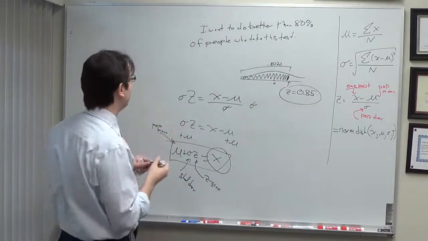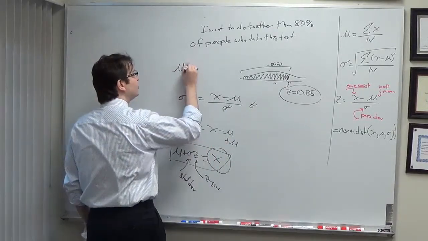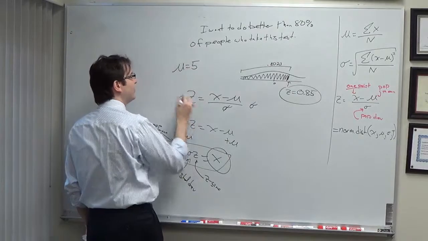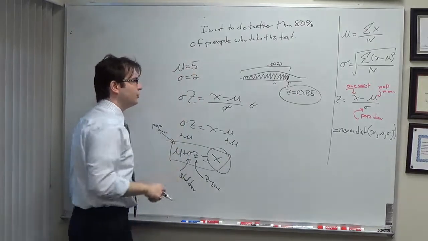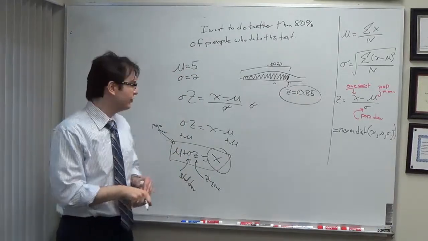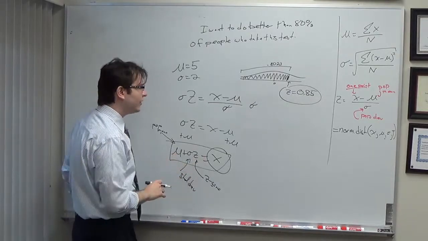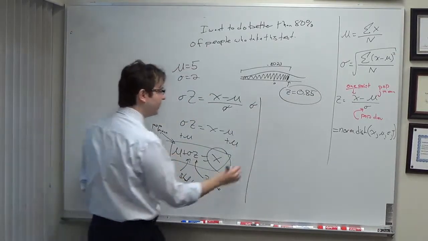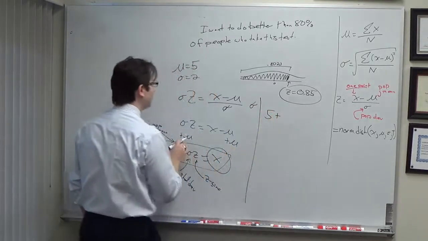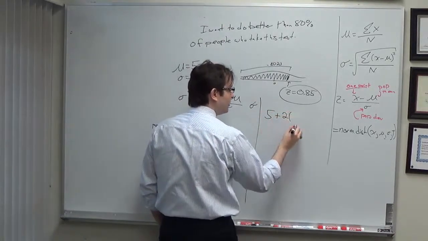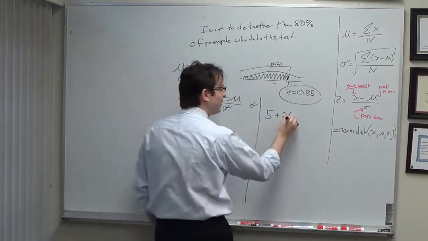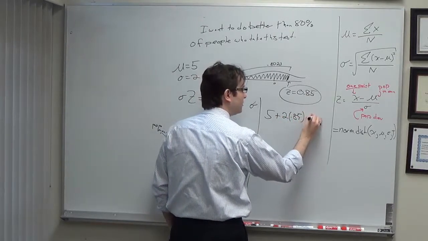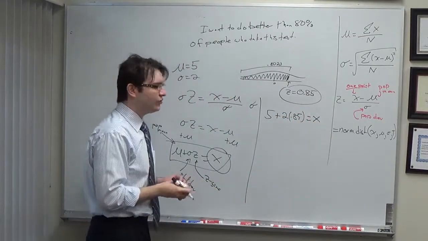So let's say we go with that. The average student were to study 5 hours, and the standard deviation was 2 hours, per week, of course. Then we could plug everything we need into this formula here. Because we know the average is 5, we know sigma is 2, in rough numbers, we know the z-score is 0.85, that gives you x.